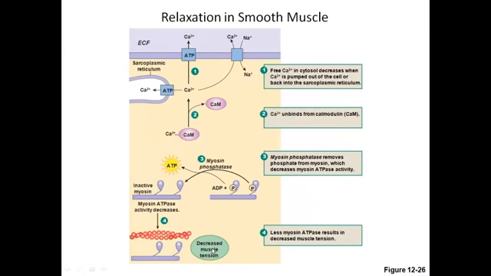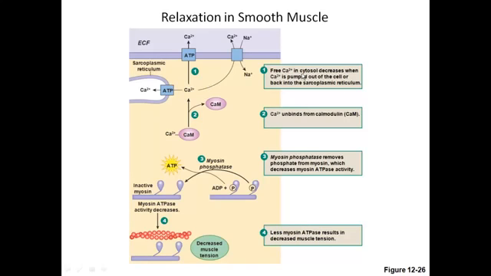So relaxation, okay, is simply a reverse of that process. However, we introduce another new protein called myosin phosphatase for smooth muscle relaxation. So the first step is to get rid of our intracellular cytoplasmic or sarcoplasmic calcium.